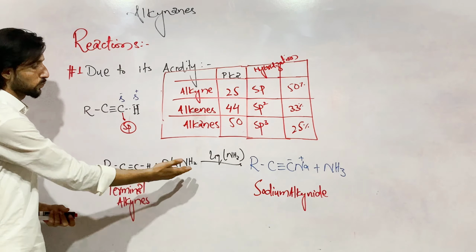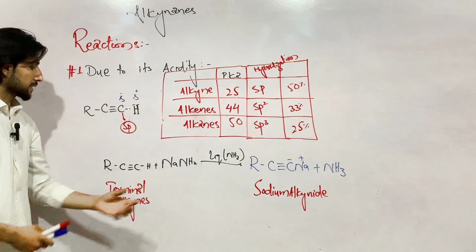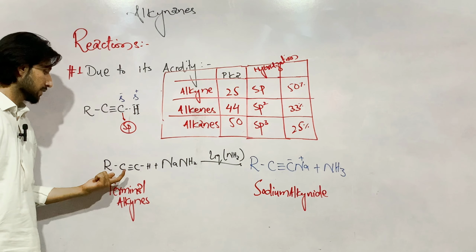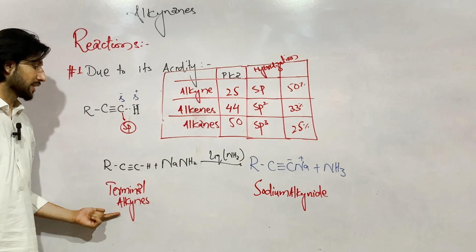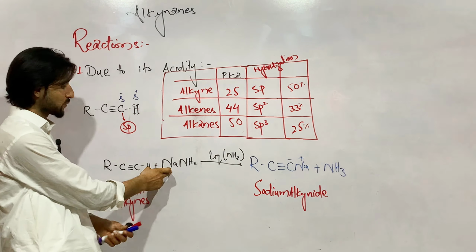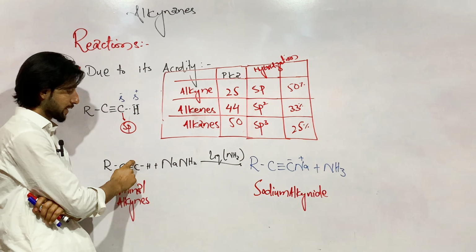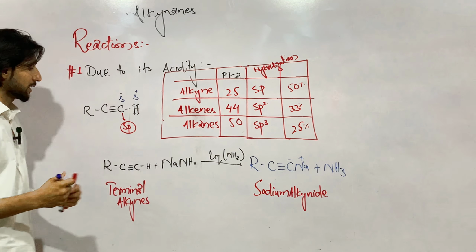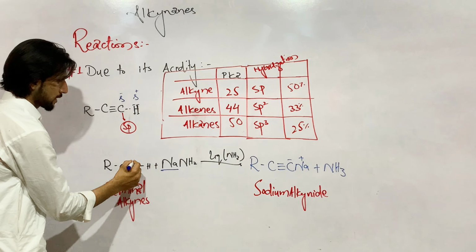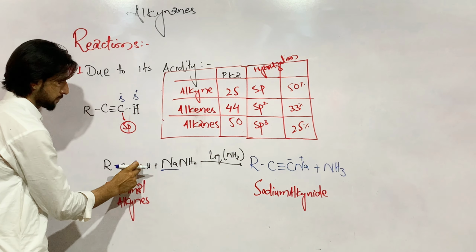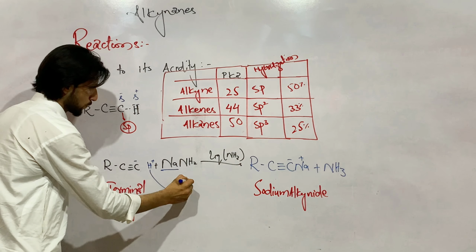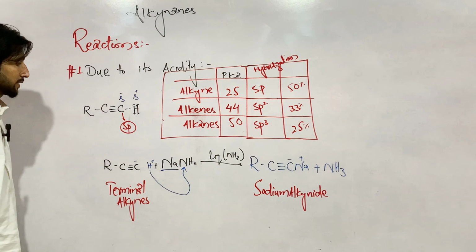and this proton could be taken up by a strong base. Like here in this case, we use sodium amide, and it takes up this proton from a bit acidic compound like a terminal alkyne. The carbon becomes an ion, so the sodium comes and attaches over here to this ion, and we get a proton attached to NH2 minus.